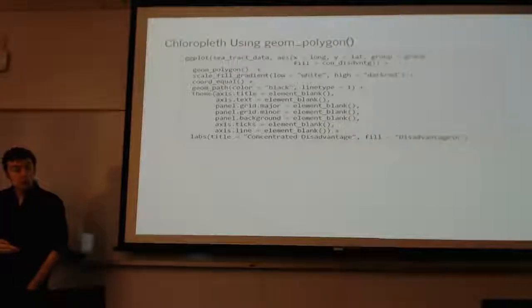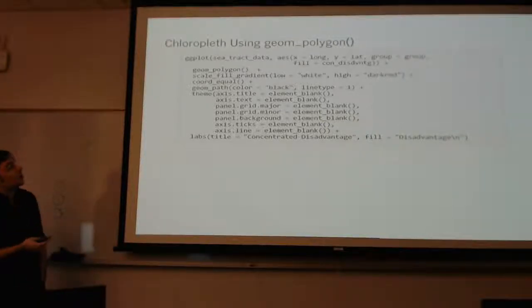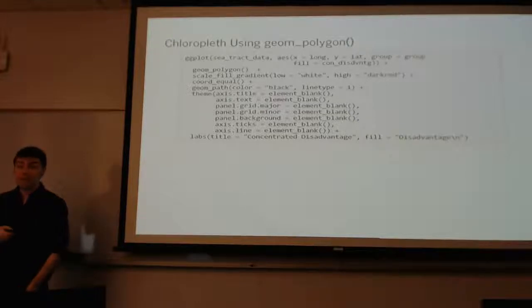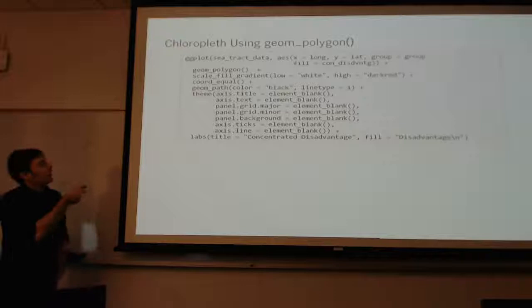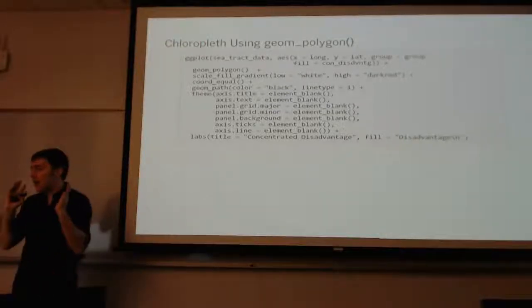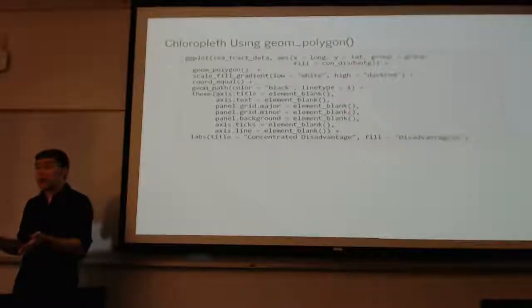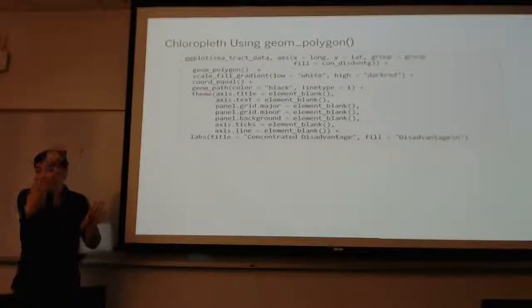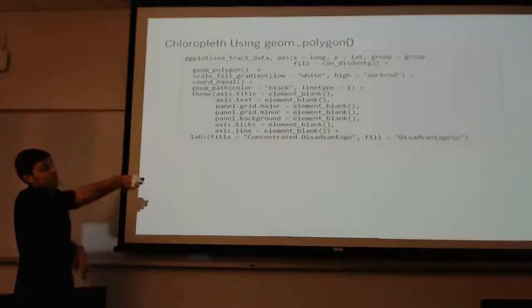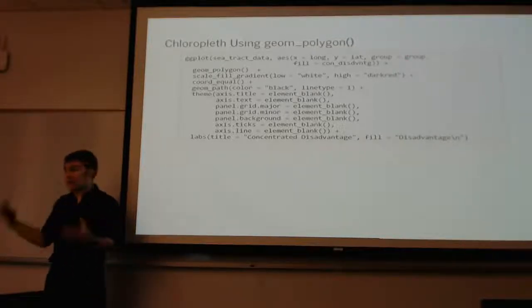Here's a rather complex, daunting looking code for doing a choropleth map using geom_polygon, but about two thirds of the code here is unnecessary and is just me removing things from the plot because it was ugly and too complicated. So what I've done here is ggplot, the tract data that I have, which just has x, y, longitude, latitude to draw the tract lines. My group is group here, which is actually just each group is a particular census tract.